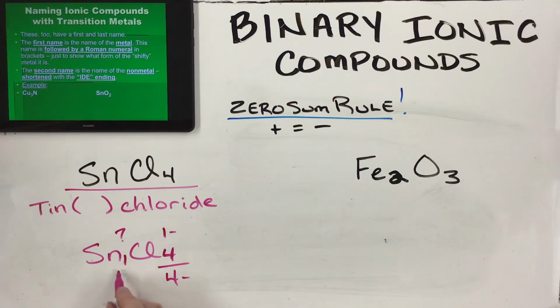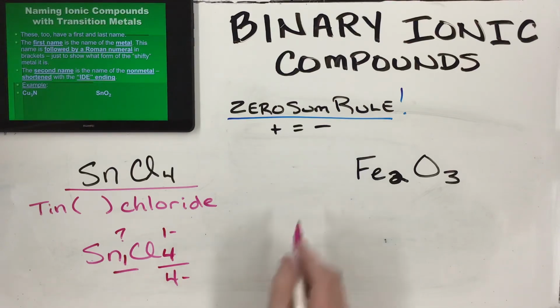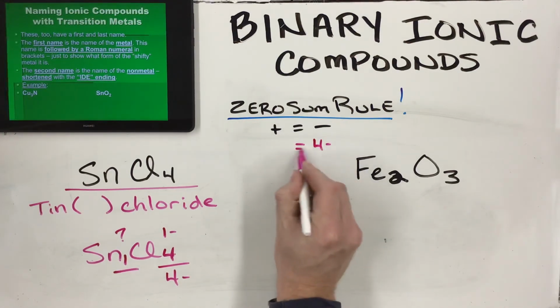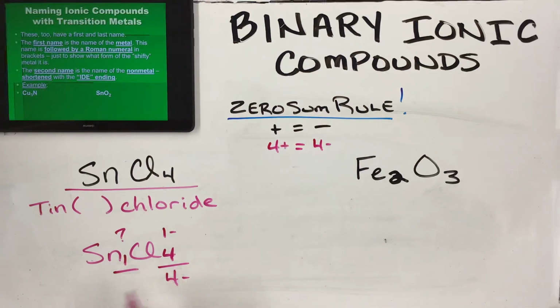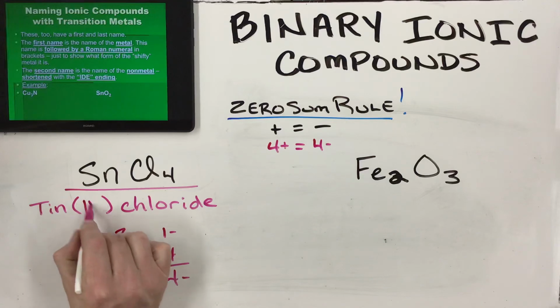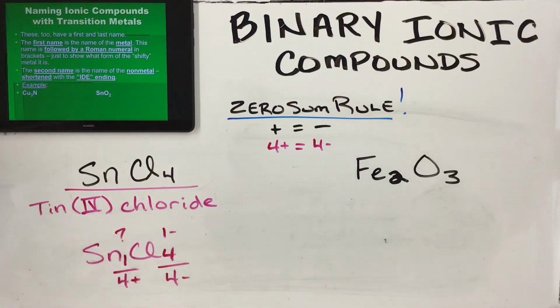That side's minus. That means if this is 4 minus, the other side's got to be 4 plus. So this is 4 minus. This side has to be 4 plus. 1 times something is 4. Well, it's got to be 4. So the IV goes there.